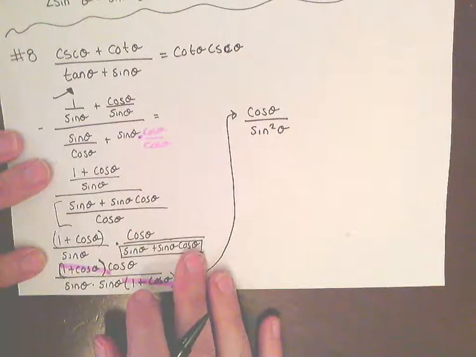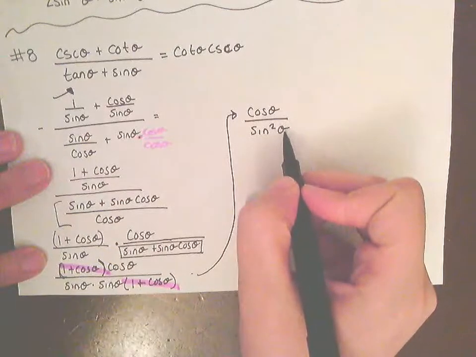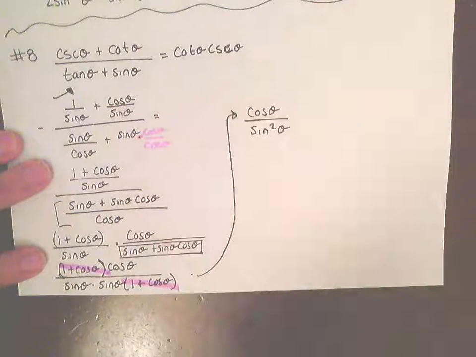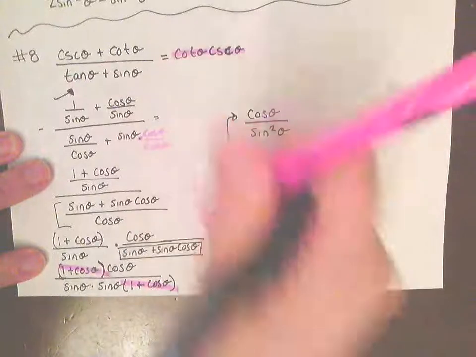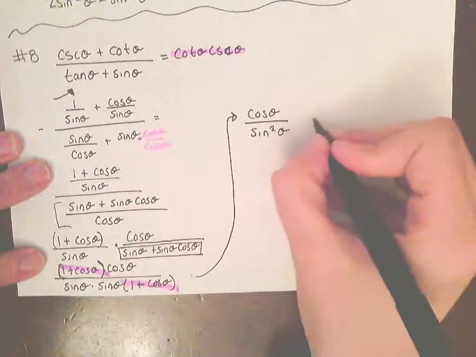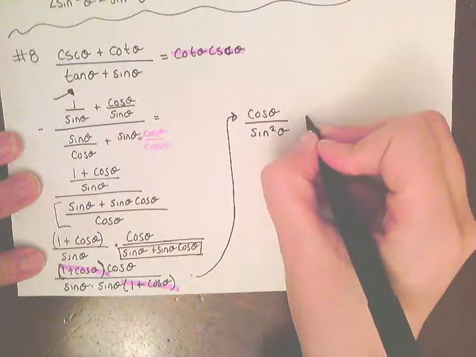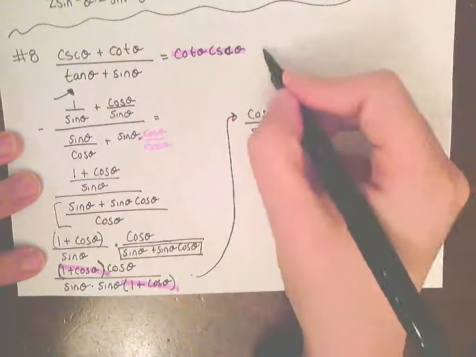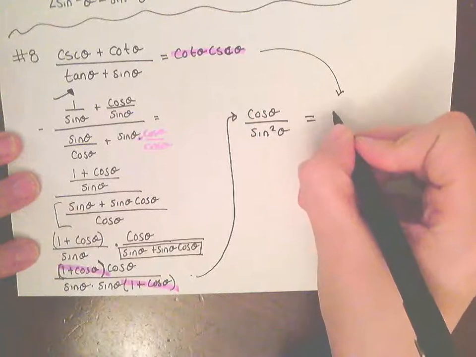Alright. I could change this back into the Pythagorean identity, but I need to continue to pay attention to what I want on this side. And if I'm looking at this side right now, if I wanted to rewrite it really quick, okay, this side is basically, what is cotangent?